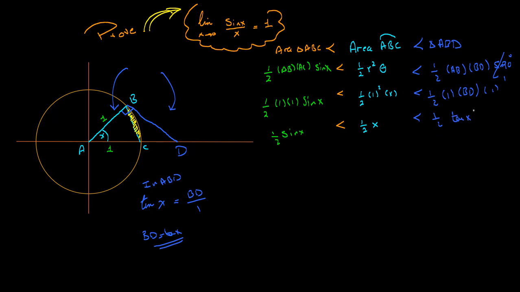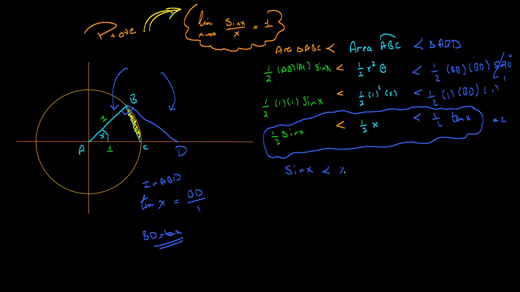So now I have this inequality. First of all, let's remove the half by multiplying by 2. Now I can say that sine x is smaller than x, smaller than tan x. Now let's convert tan x to sine over cosine.